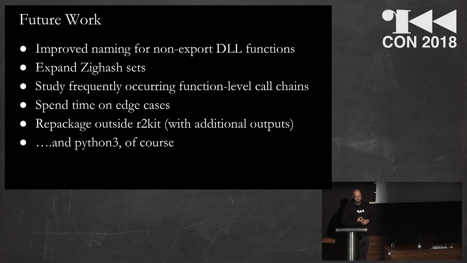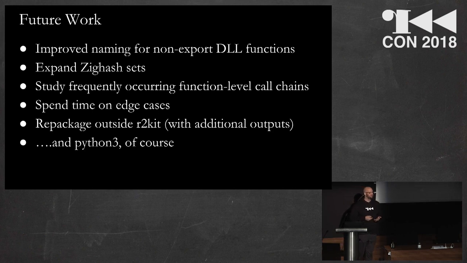Some of the future work that I have: one is handling better names for library functions that aren't exported, because whenever I'm loading these up to generate the signatures right now, I'm not handling debug information well. So for functions that are exported, those get named. Anything else, the signature is more like a tag, marking the fact that it's library code.